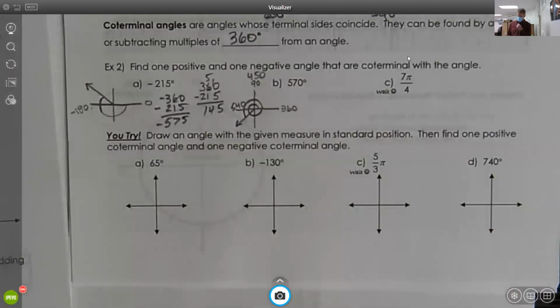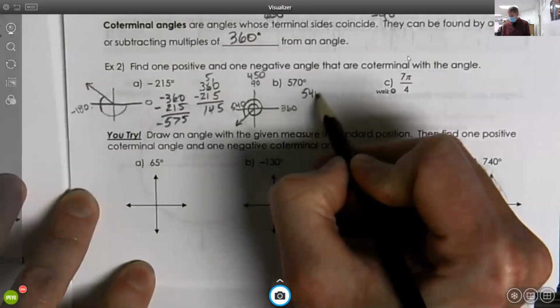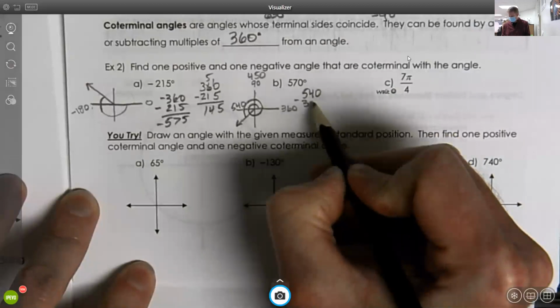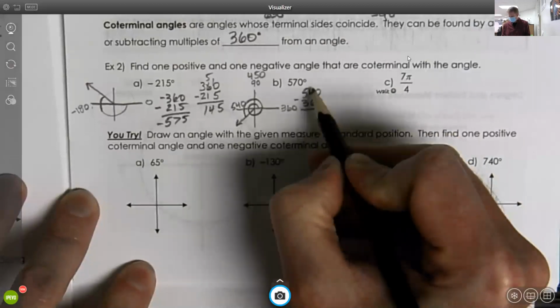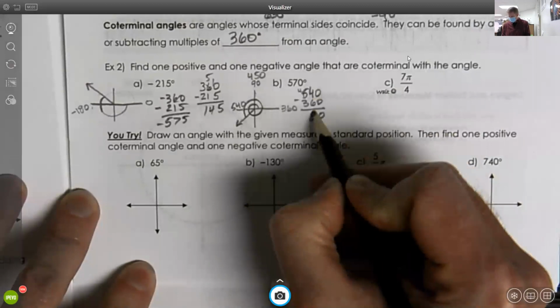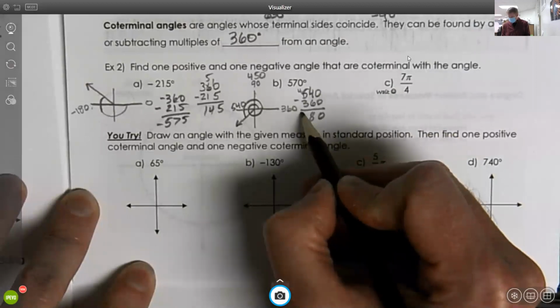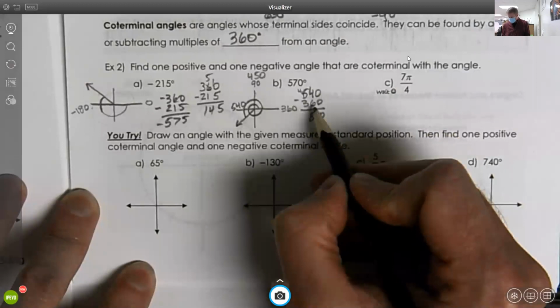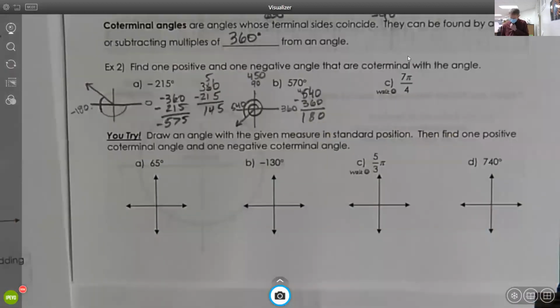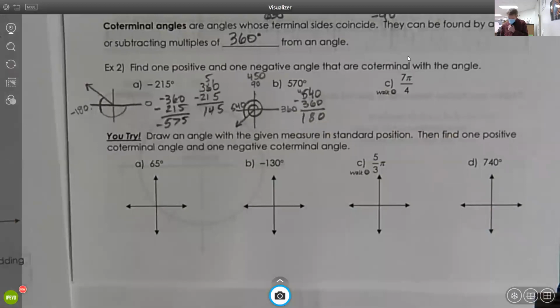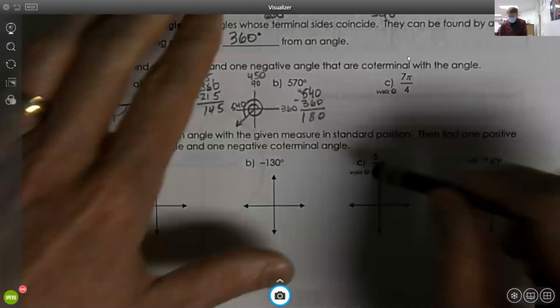Well, you can get another number by adding 360 to that. But you can also get another positive answer by just subtracting 360 from that. All right, I got my number in there backwards.